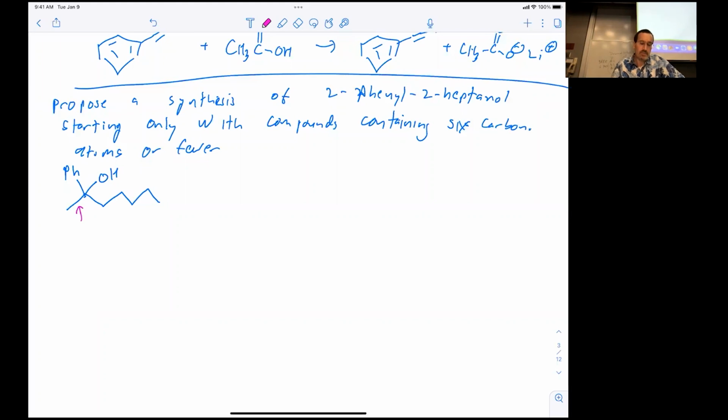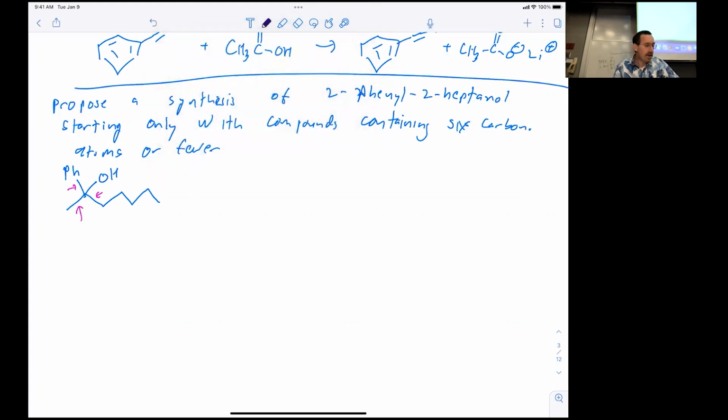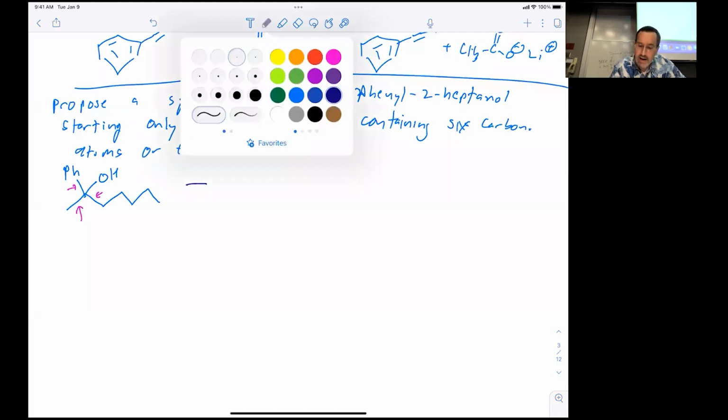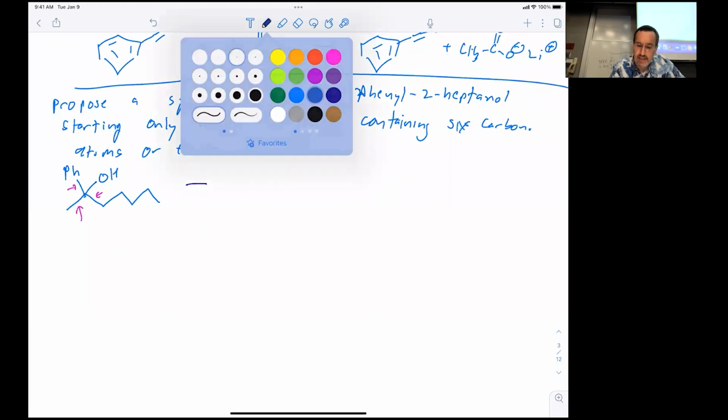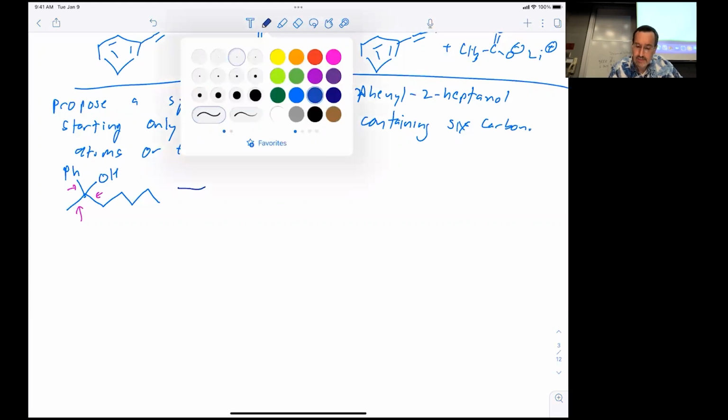So we can look at this molecule and say, oh, okay, any of these carbon-carbon bonds could be formed by the addition of an organometallic reagent to a carbonyl compound. Let's go ahead and use that as a thought process. And remember, when I'm writing a retrosynthetic analysis, I'm not writing the answer yet. That's not an answer. It's just my thought processes.